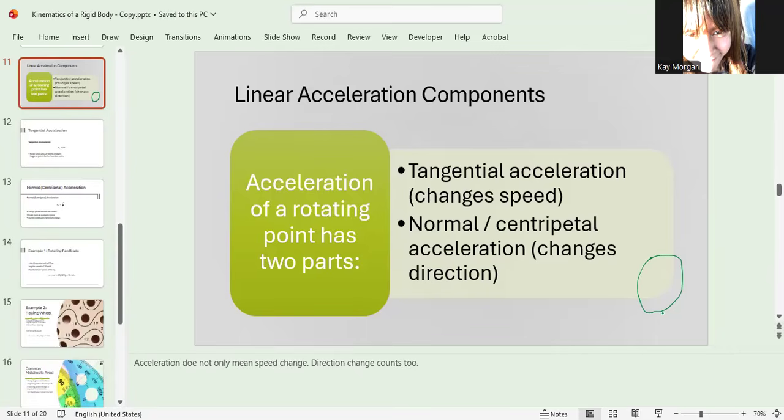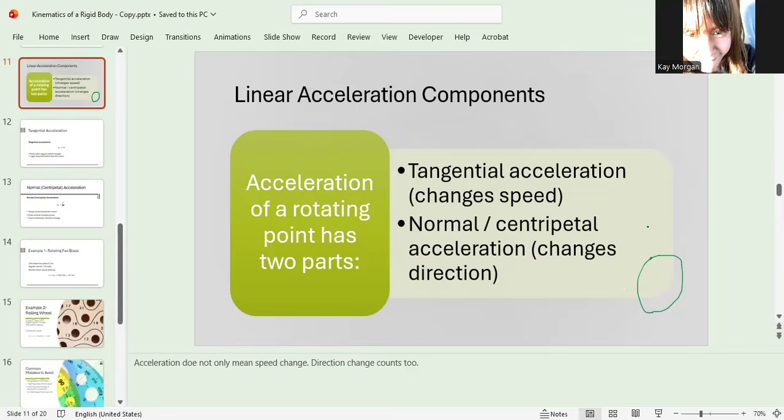All right, so the second part of the acceleration is called centripetal. You have an acceleration, but we put it into two different parts. One is tangential, and the other one is centripetal.